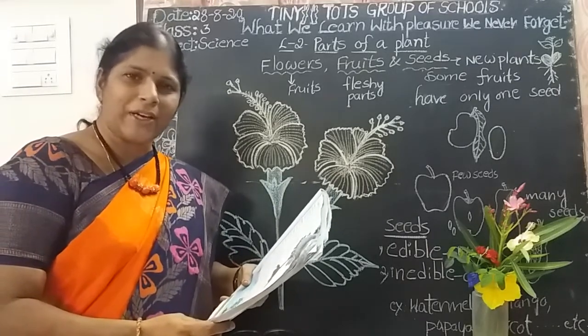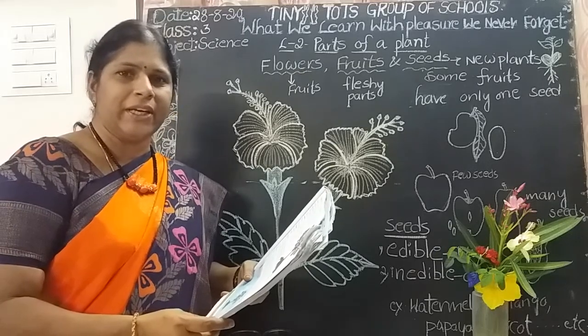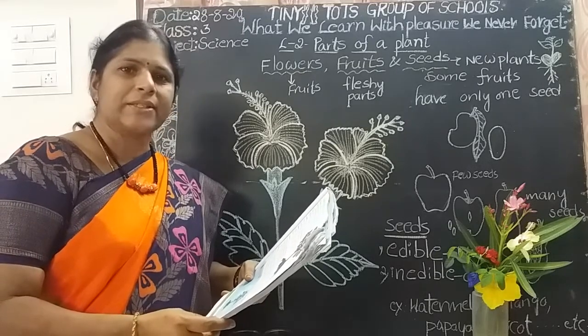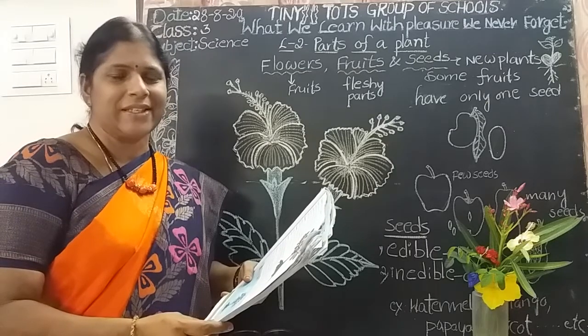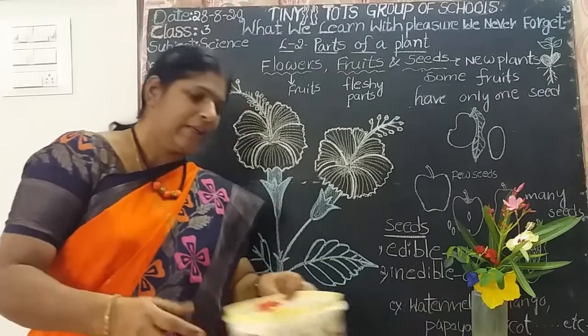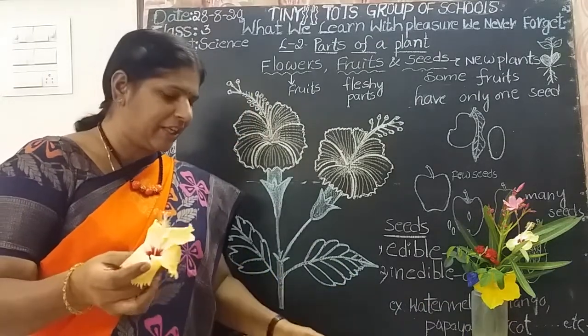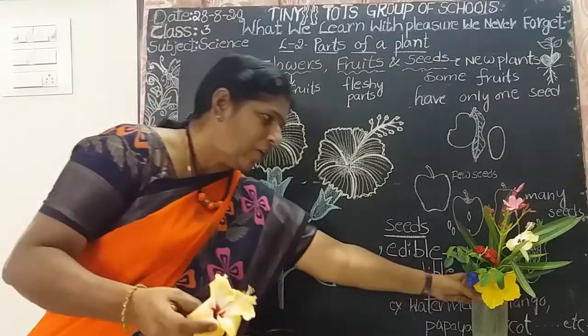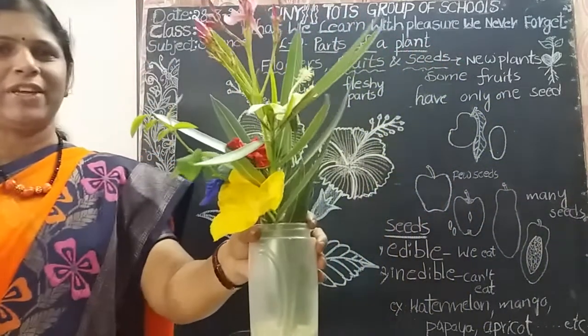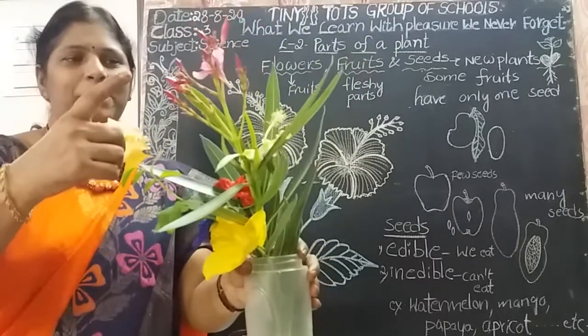What are the other parts of a plant? Root, stem, leaves are already completed. The remaining parts are flowers, fruits and seeds. Do you know flowers? Every day we see so many kinds of flowers, no children? See, these are all the flowers. See all these colors. Flowers are very beautiful: yellow color, violet color, red color, pink color.